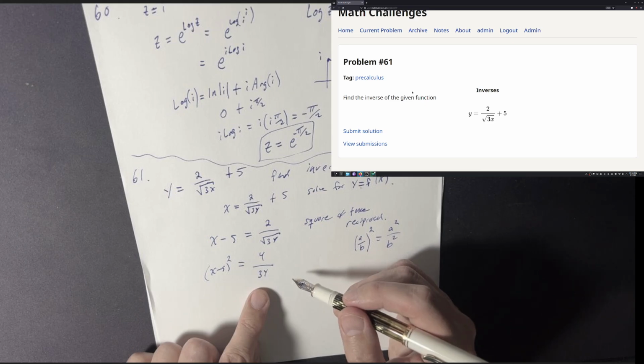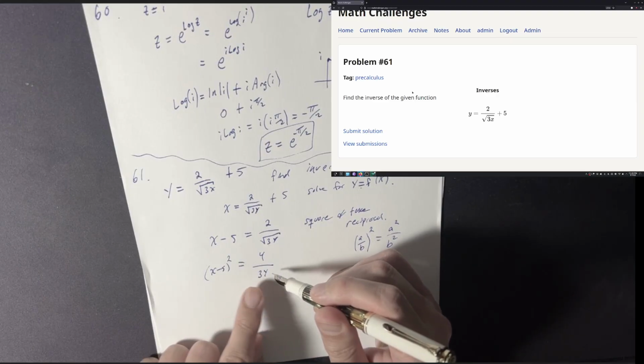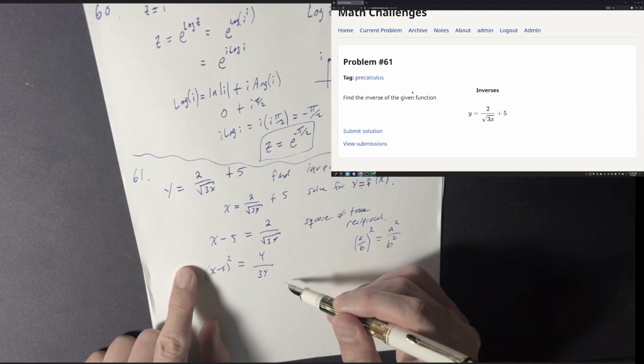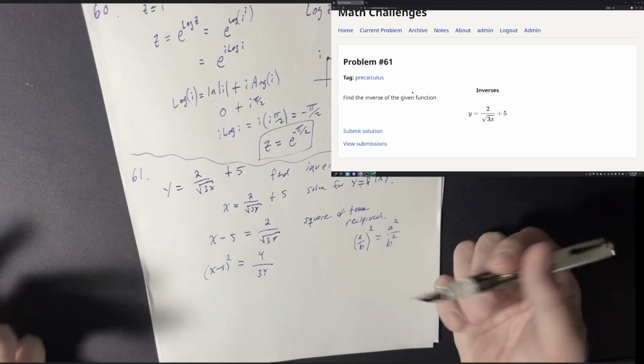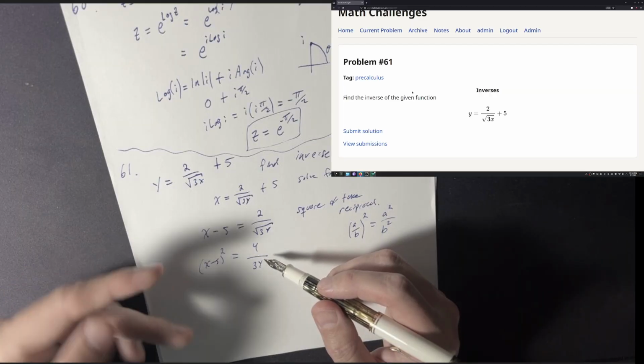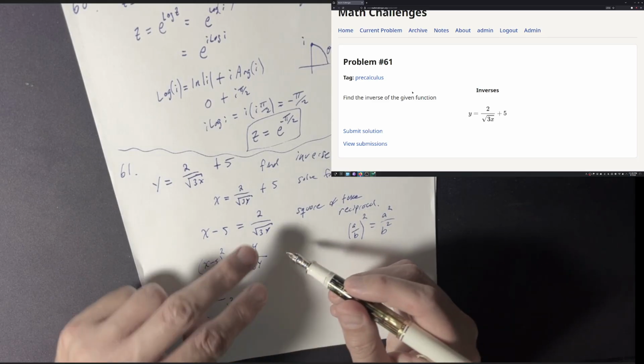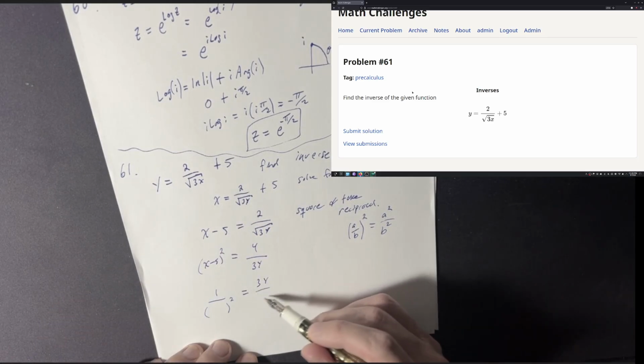So now you can take a reciprocal if you want, or you could multiply by this denominator and divide by that. Either way. I said I would take a reciprocal, so let's do that. If I take the reciprocal, I flip this upside down, I get 1 over that stuff. And then over here, I just flip it upside down. I get 3y over 4.